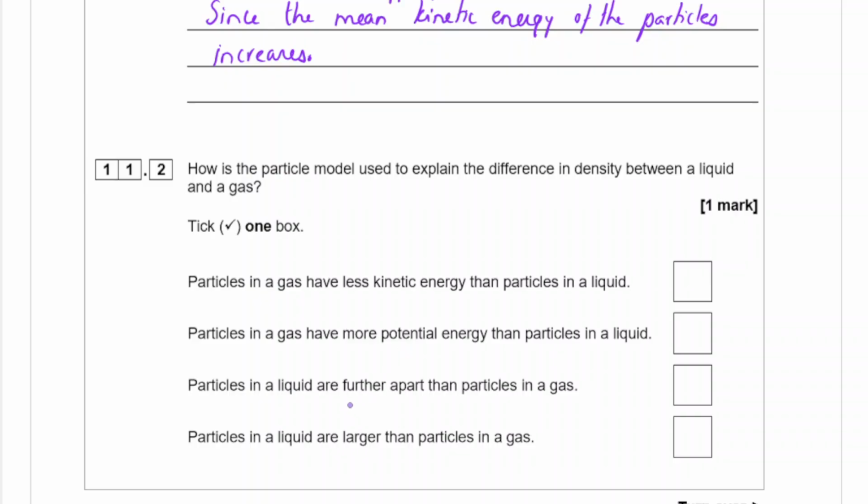Particles in liquid are further apart. There you go, right? Because further apart is to do with spacing, which relates to the volume.